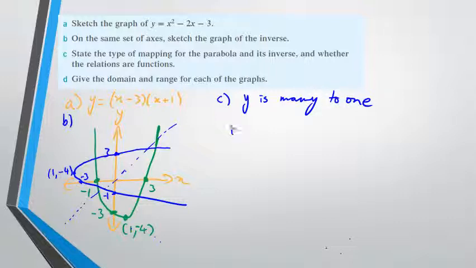The other one, however, for the inverse, that is 1 to many. Now, because you have 1 to many, this can't be a function, because functions are only defined if you have either 1 to 1 or many to 1. But y is a function.